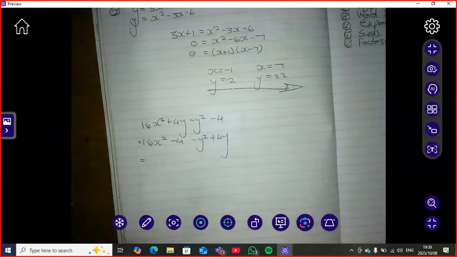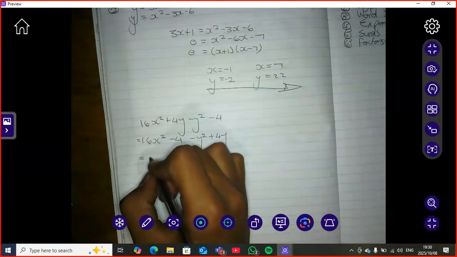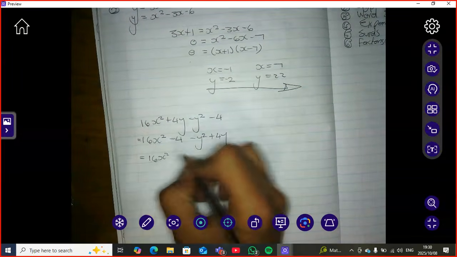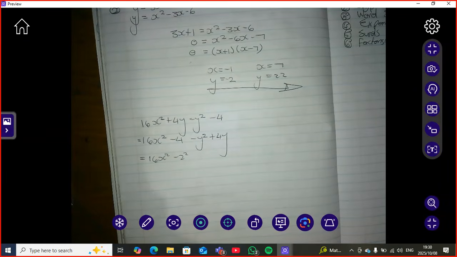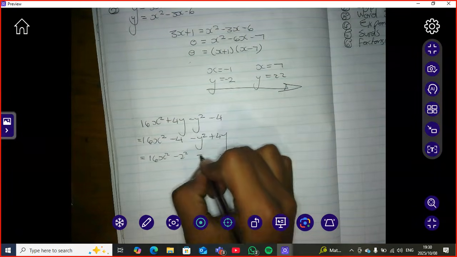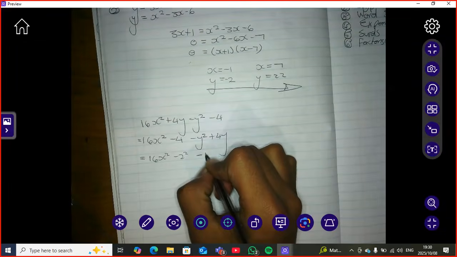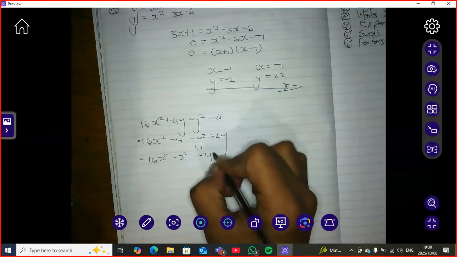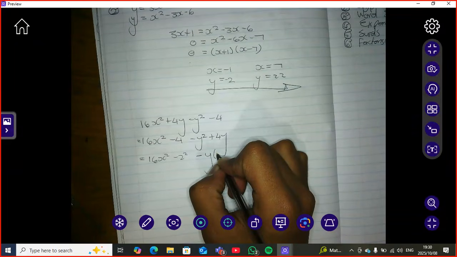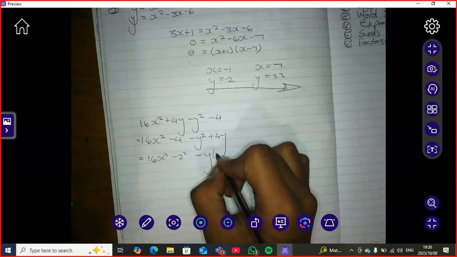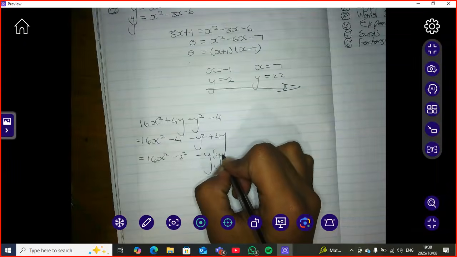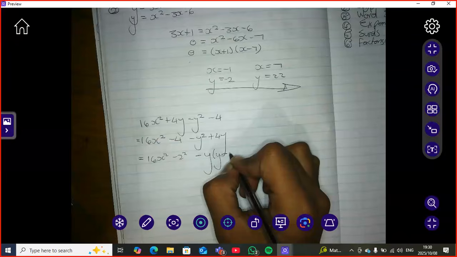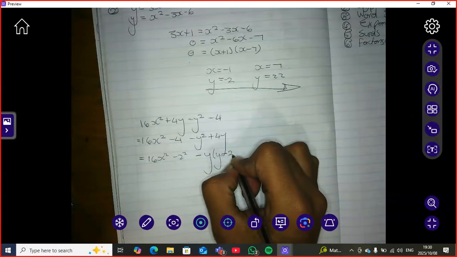Okay, so what you did here is what now? You said 16x squared minus 2 to the power 2 like that. Who did it like this? Okay. Y and then y minus 2 minus 4.